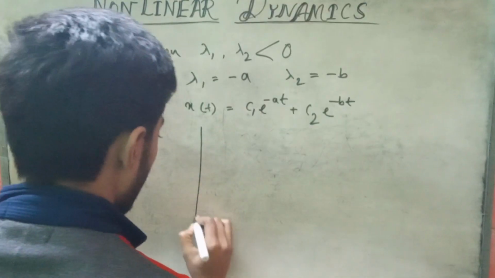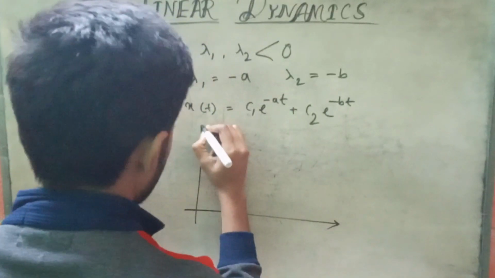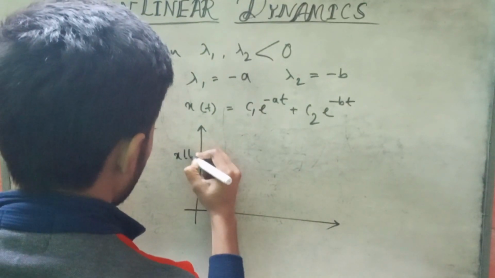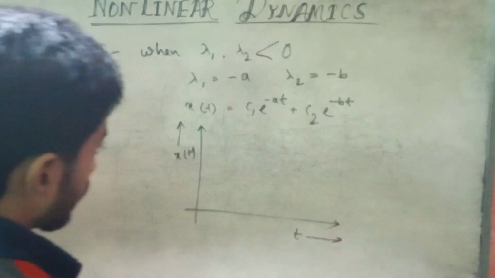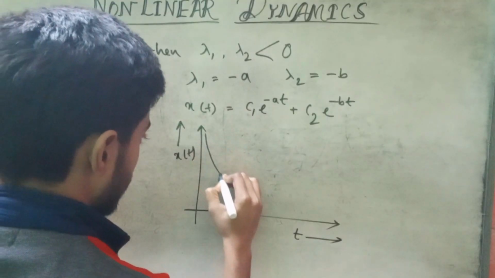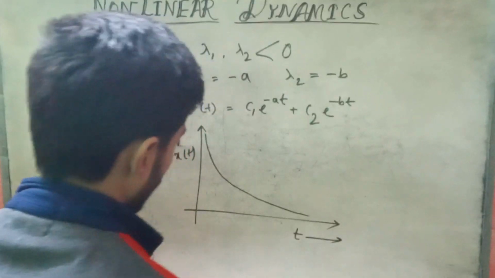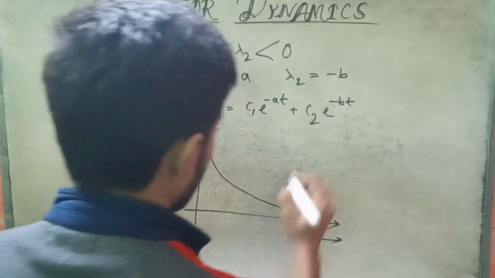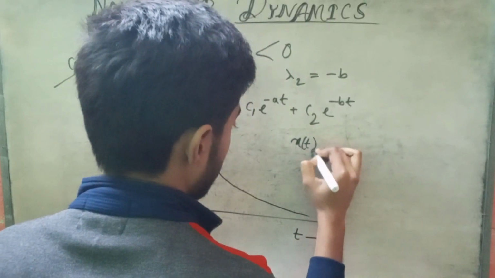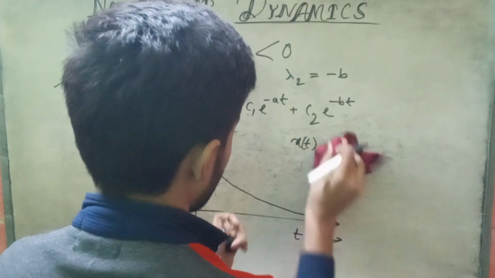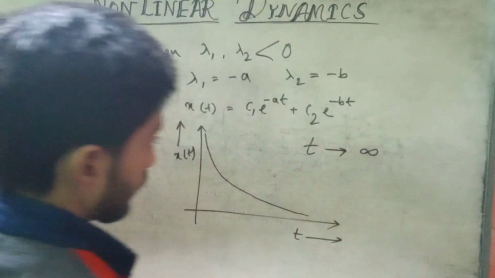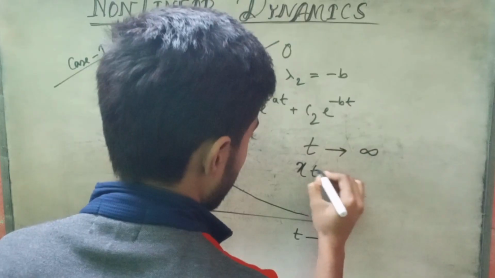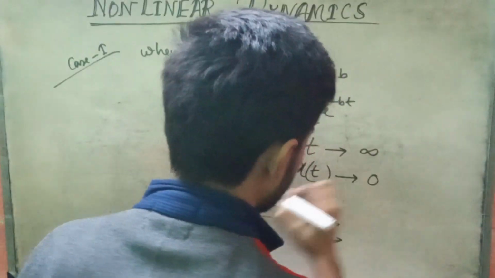So we can draw it: along y this is x(t), and along x this is time t. So as t tends to infinity, the solution tends to 0. So as t tends to infinity, right, x(t) tends to 0.